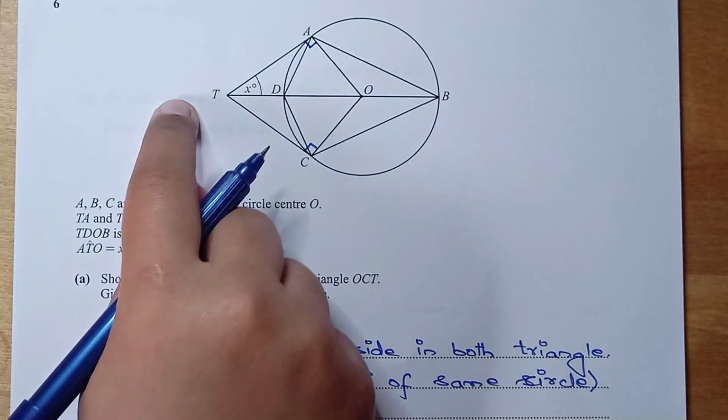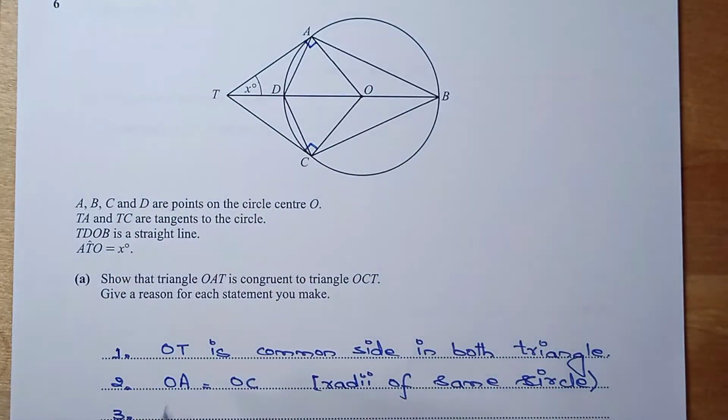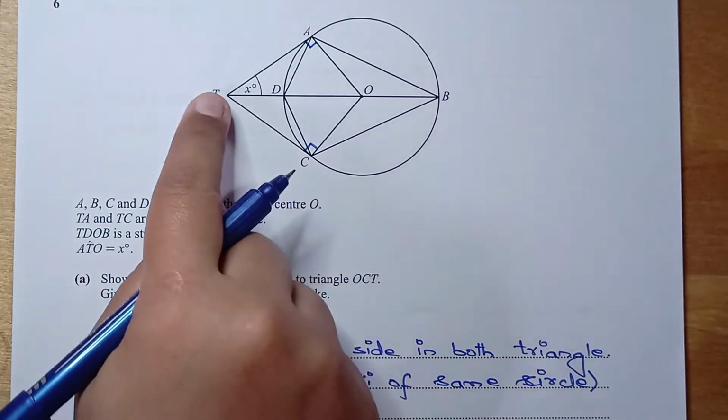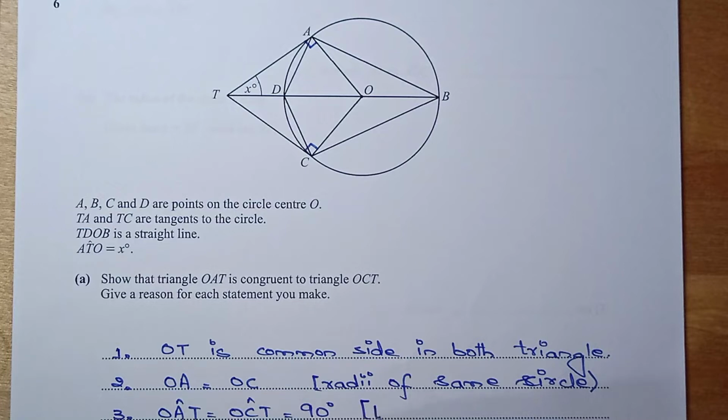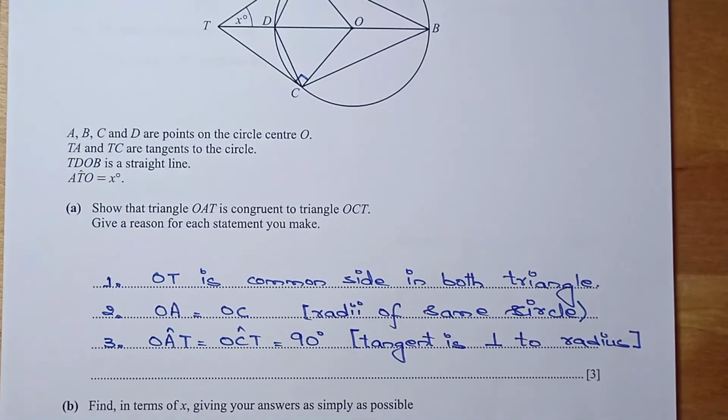Angle OAT equals angle OCT, which equals 90 degrees, because the tangent is perpendicular to the radius. So we have proved that the two triangles are congruent.